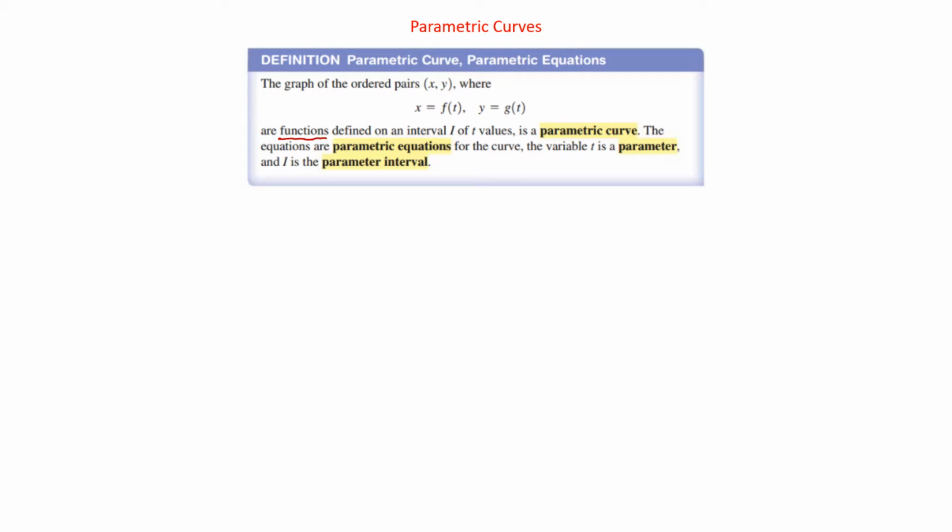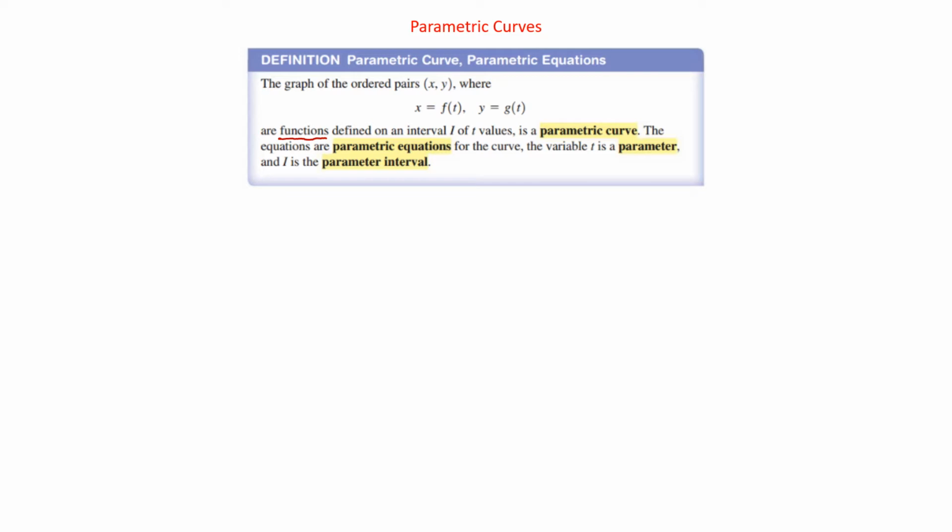That does not necessarily mean it's a function in our definition. It should be the relations defined on an interval, or the graphs defined on an interval, because these do not necessarily pass the vertical line test. Like we could have circles, we could have all sorts of stuff. So don't read into this as it has to be a function.